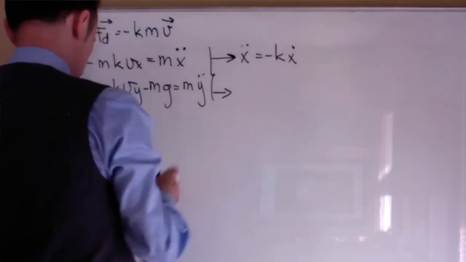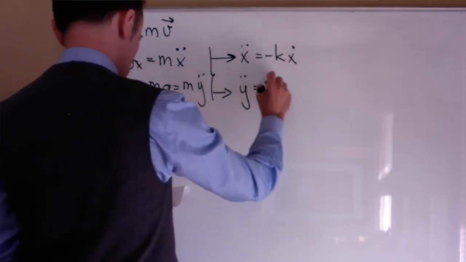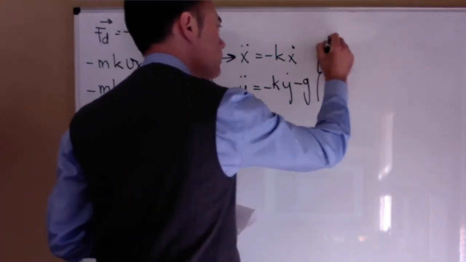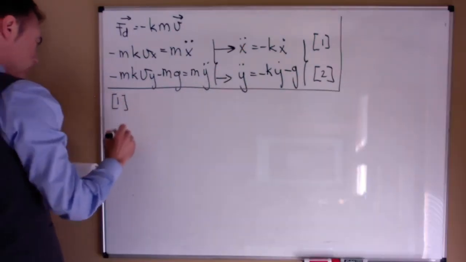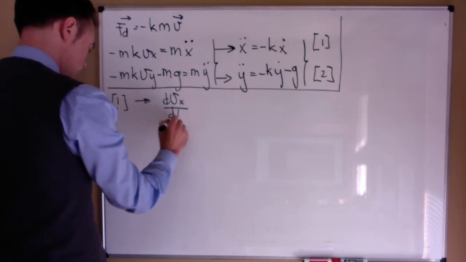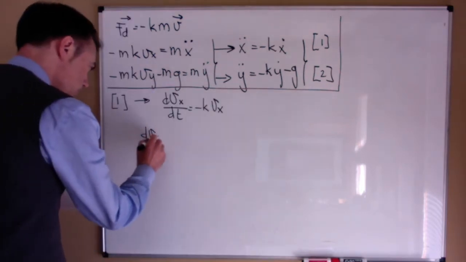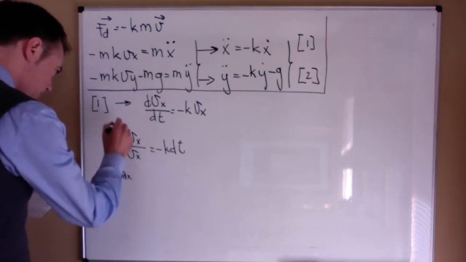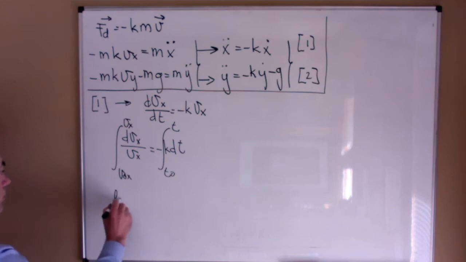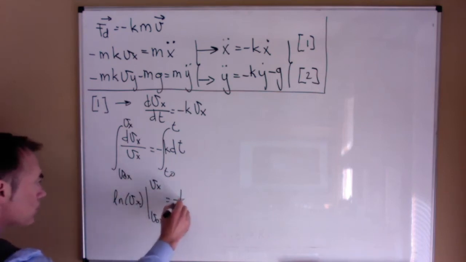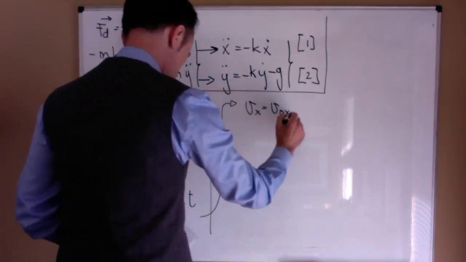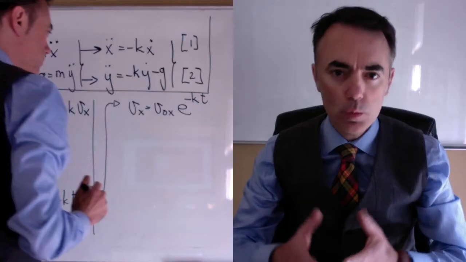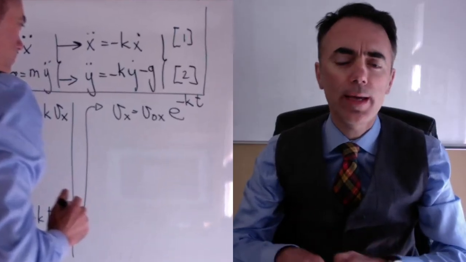Let me first solve the first differential equation to find the x position as a function of time. Remember that the velocity is x dot and the acceleration is x double dot. Masses cancel and we integrate once to find v_x of t. Velocity on the x-axis is not constant anymore, as we could expect, because air is working against the motion.